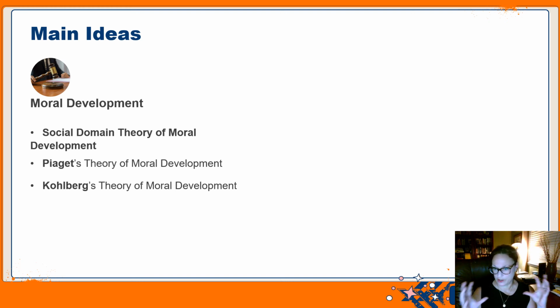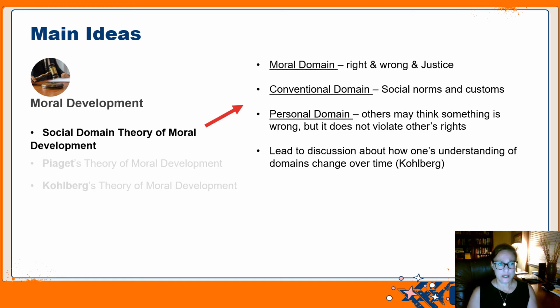Kohlberg is very intricate and very advanced, and there's a lot of stuff that goes in there. But I think it's important for us to do the social domain theory of moral development, because that is the foundation for our understanding of Kohlberg's theory, should later on you decide to look at that a little bit more fully.